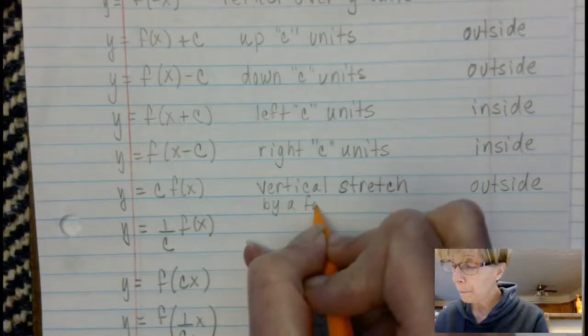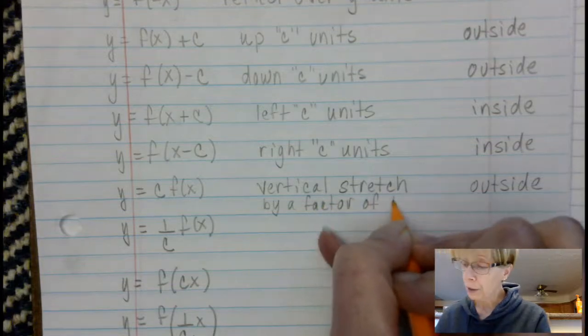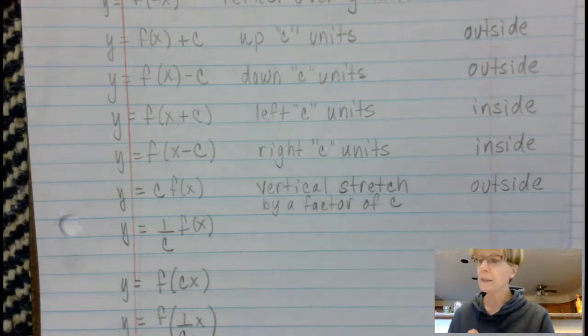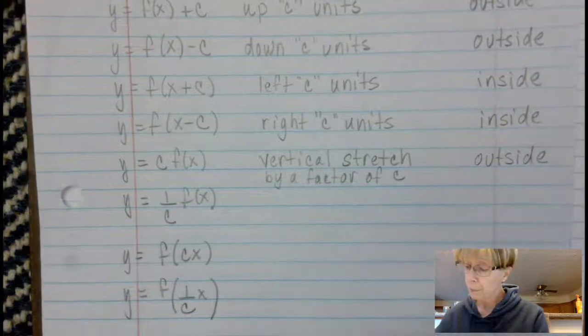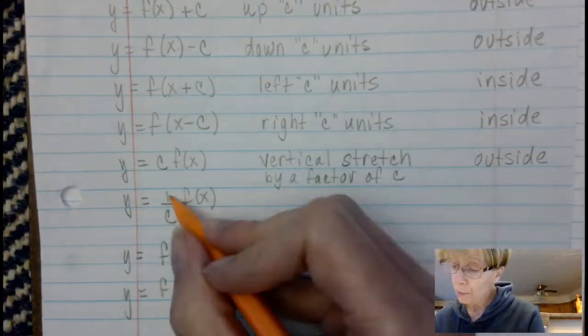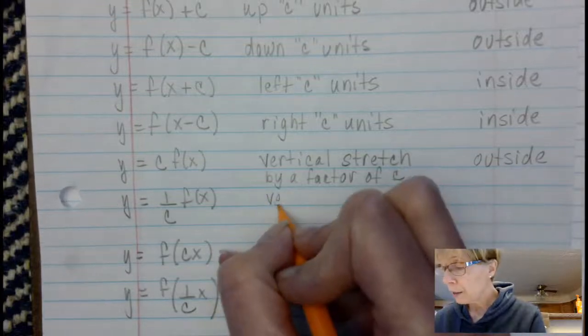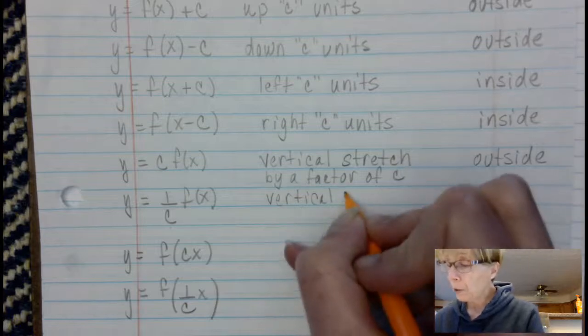When the c is on the inside of the function, these are going to be horizontal. But like the inside ideas, when we moved left and right, this is going to be a horizontal shrink, as the program calls it.